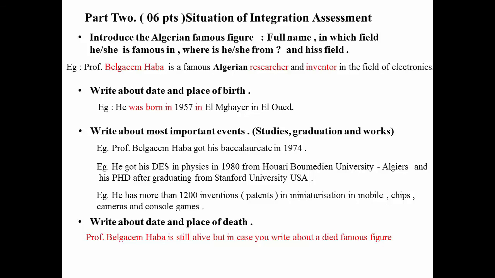So simply you can say, for example, he or she died in, you write the date, and in, you mention the place. For example, Abdelhamid Ben Badis died on April 16th, 1940 in Constantine. Or you can write about Malek Bennabi, who died on 31st October 1973 in Algiers.